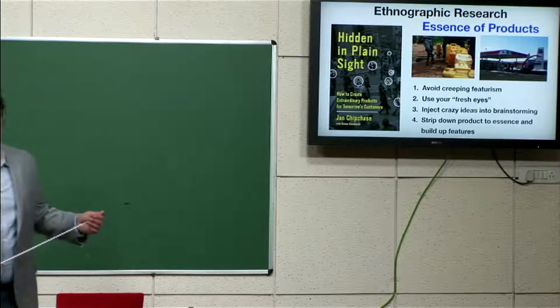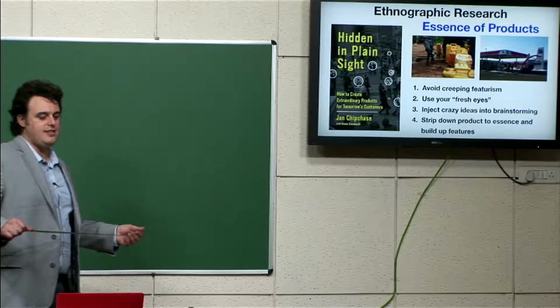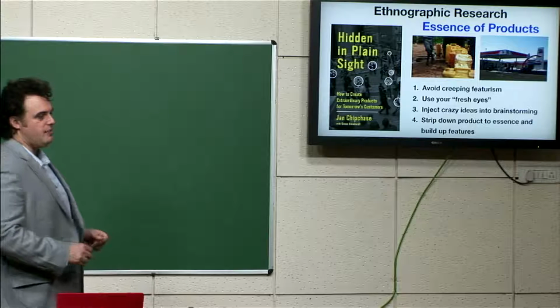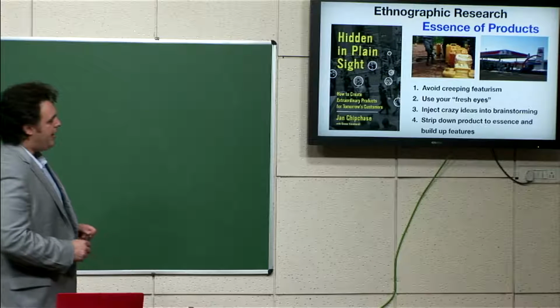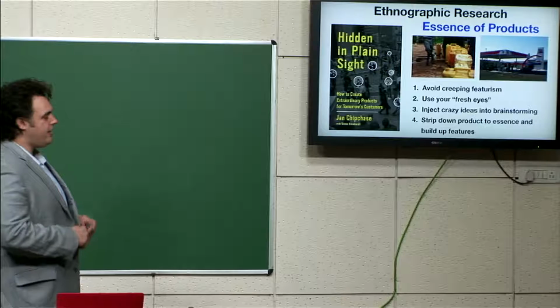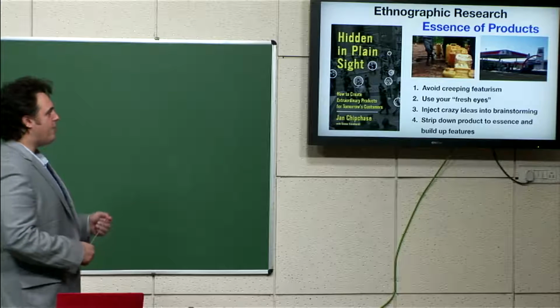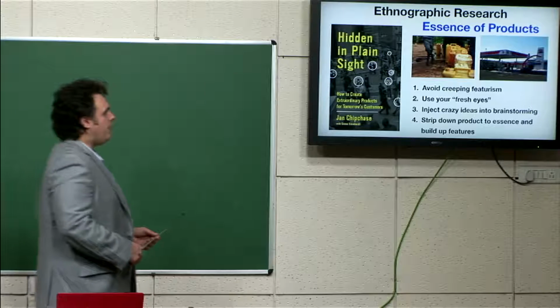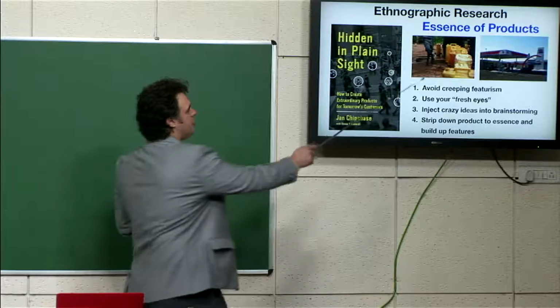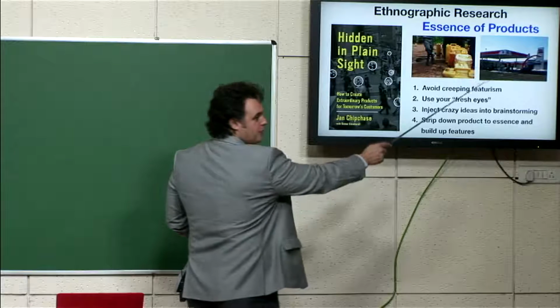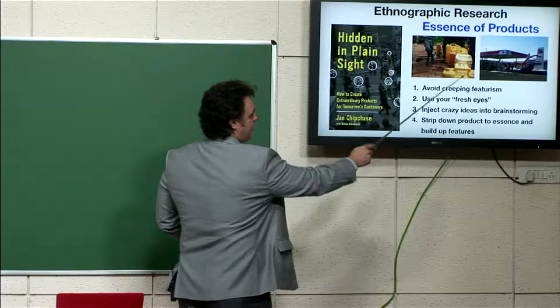Another important point of this book is trying to distill the essence of a product. That essence is really the core functionality and value you get out of a product or solution. So in these pictures, both of these are gas stations or petrol stations. These are jerry cans full of petrol.